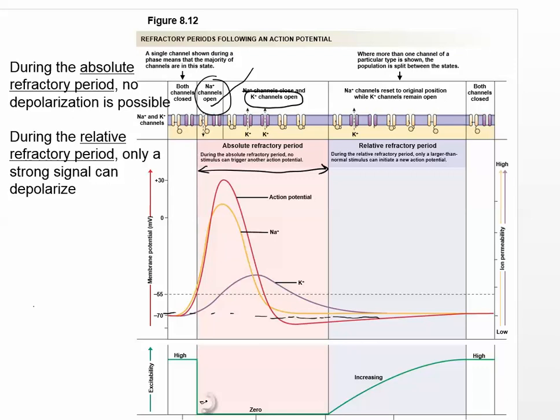At this point, there is zero chance of causing an action potential. Here, not much of a chance, but it gets better and better. And this is the sodium potassium pump putting everything back to where it was. And then once it's after about 4 milliseconds, it's ready to go completely again.